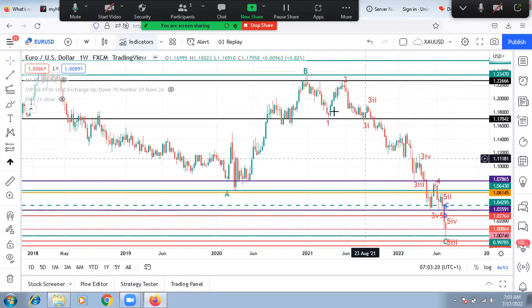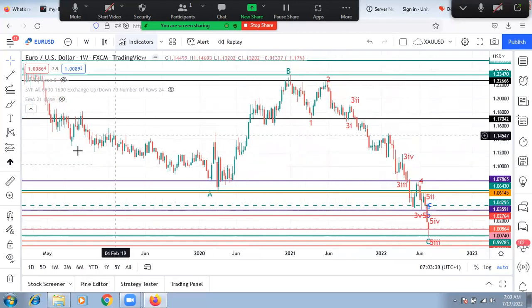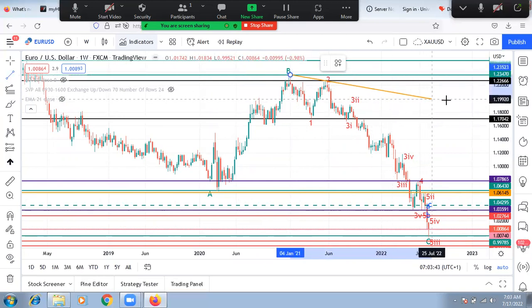We expect that the trend line created between 1 and 2 will be completely broken. I will label it, this trend line will be broken to the upside.